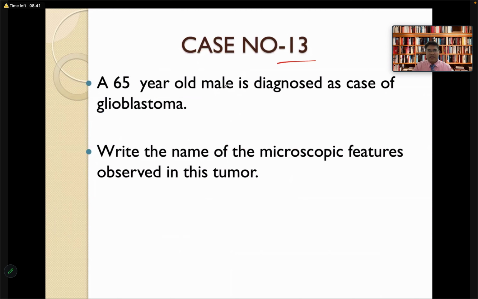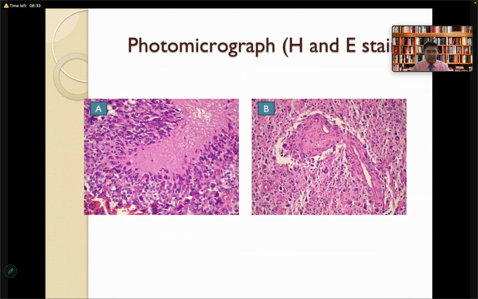Now, case number 13. A 65-year-old male is diagnosed as a case of glioblastoma. Write the name of the microscopic features. Right. So in image A, look at this area. This pinkish material is necrosis. And in B, look at this structure. This is vascular proliferation. These are all endothelial cells, right?